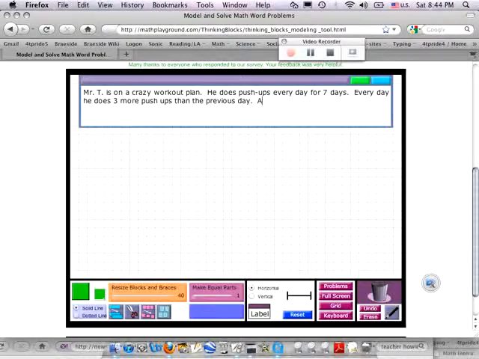At the end of the week, Mr. T does 217 push-ups. How many push-ups does he do each day?